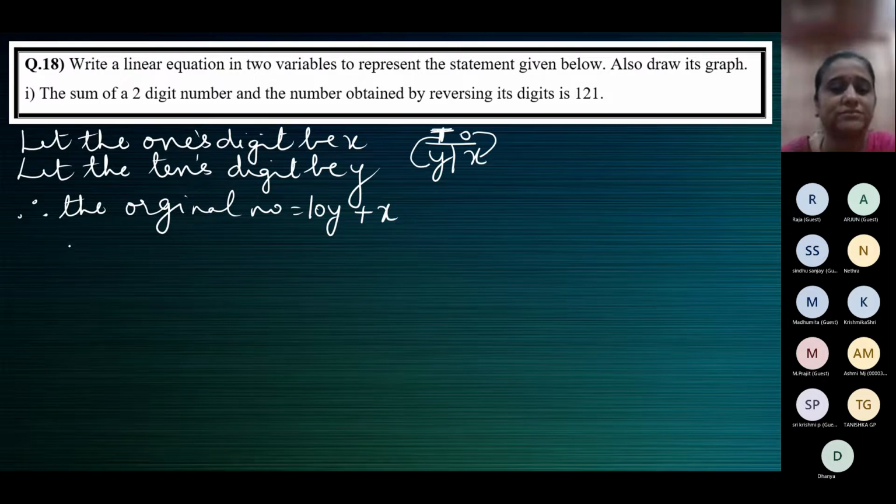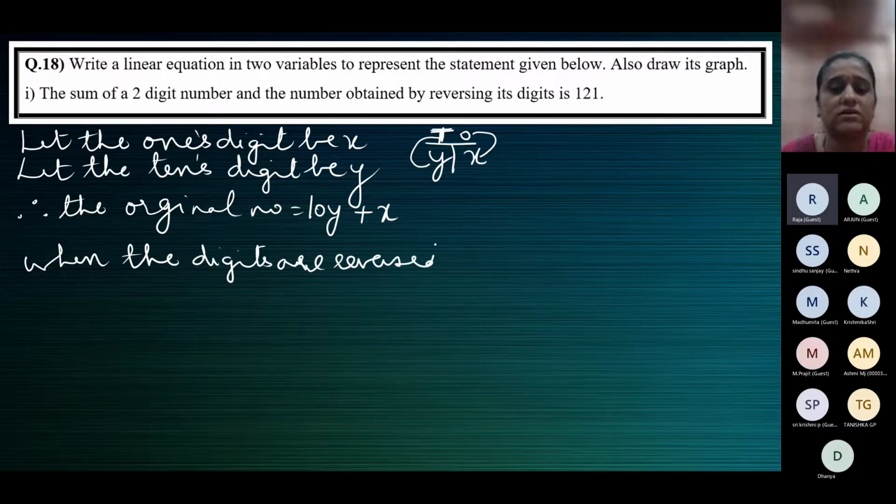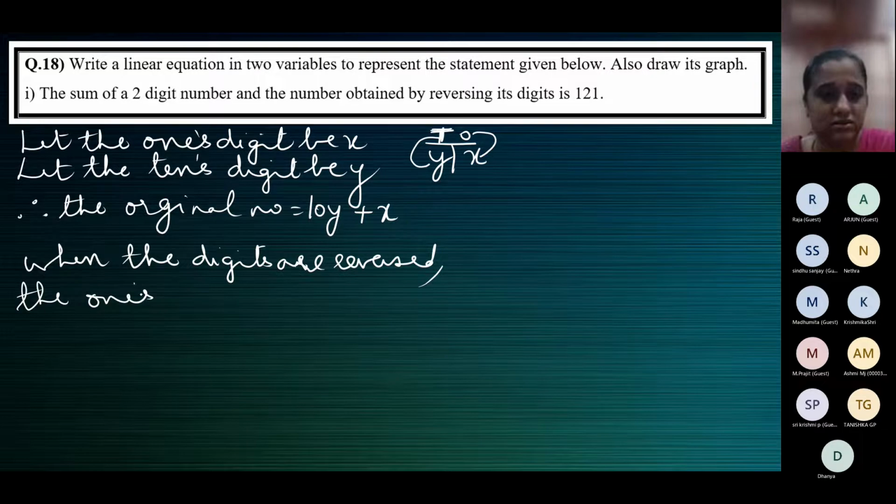Next, Raja, for the reverse number, you must write: when the digits are reversed, the ones digit is equal to y. Now we should not say let; this is not let, it automatically becomes like that. When the digits are reversed, the ones digit is equal to y.